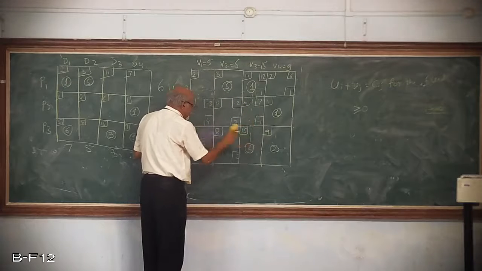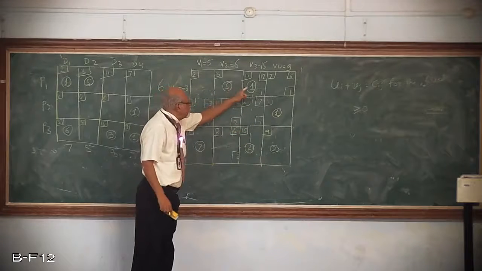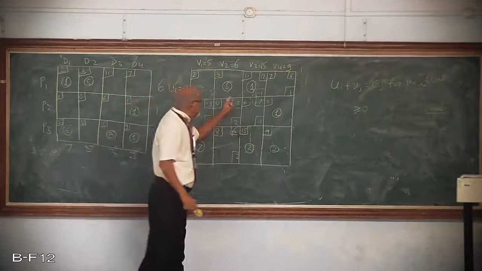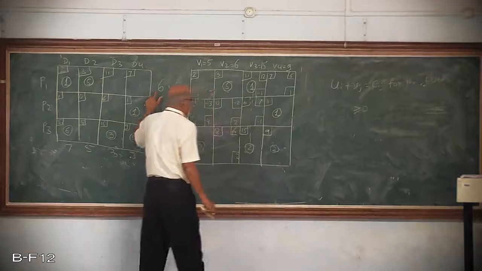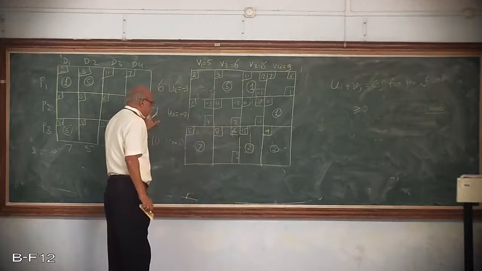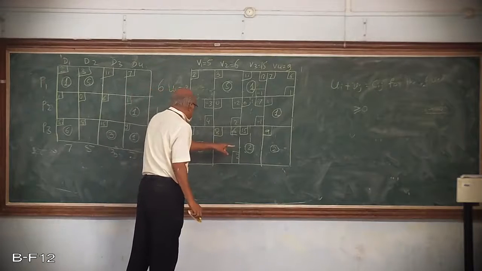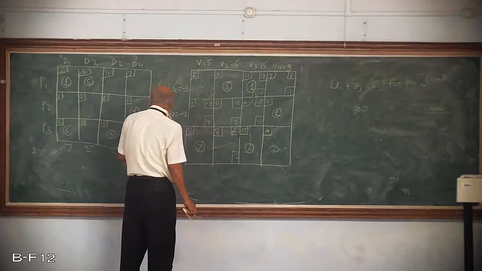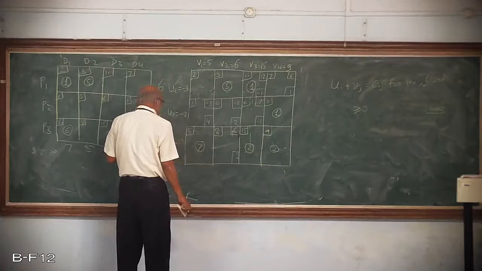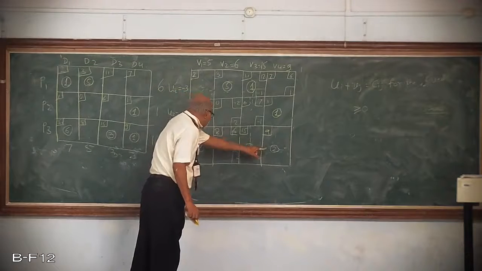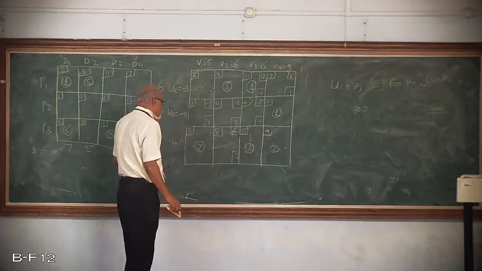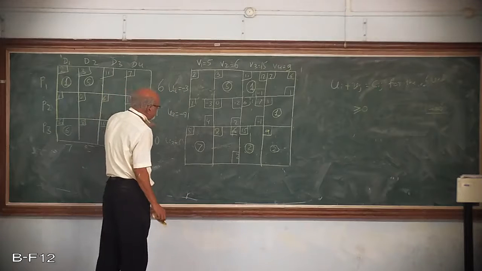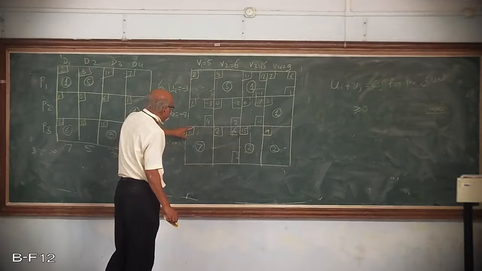Now you can just see how many allocations are there. 1, 2, 3, 4, 5, 6. And if you look at the rim condition, 5 plus 1, 6. 1, 1, 7. This is plus 1, 7.